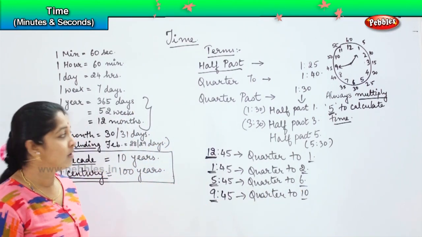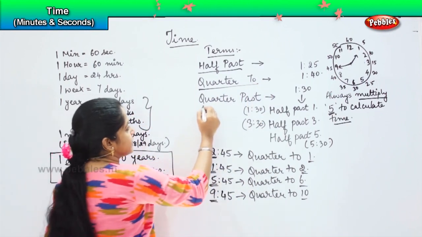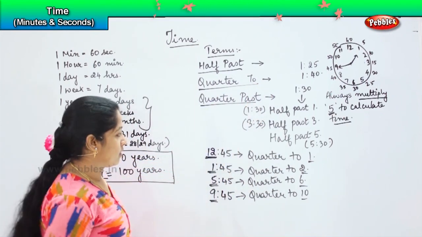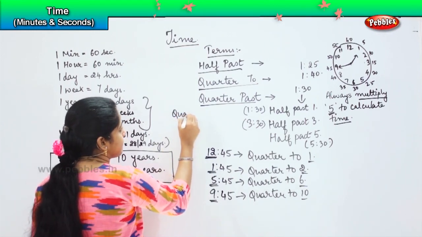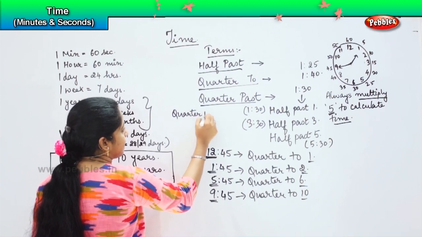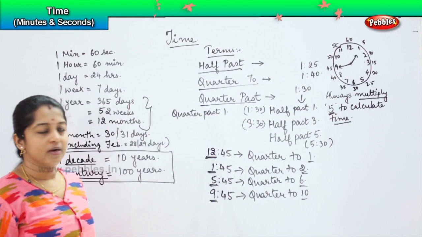Are you clear? So quarter to also you have understood, right? Now the next comes quarter past. Okay. So now when I see quarter past, say if I say quarter past 1, what does it mean?